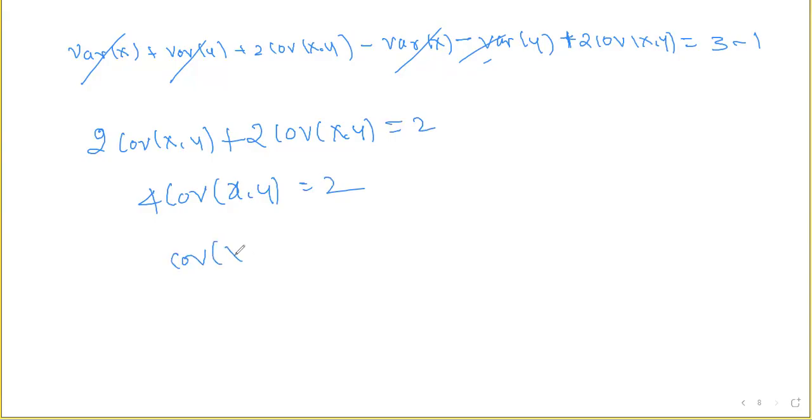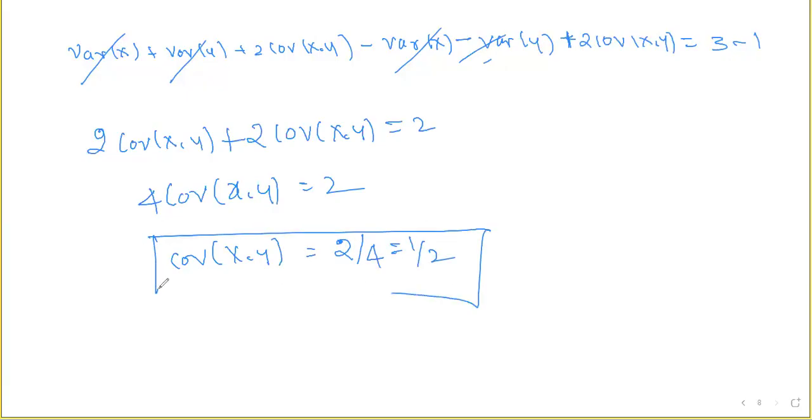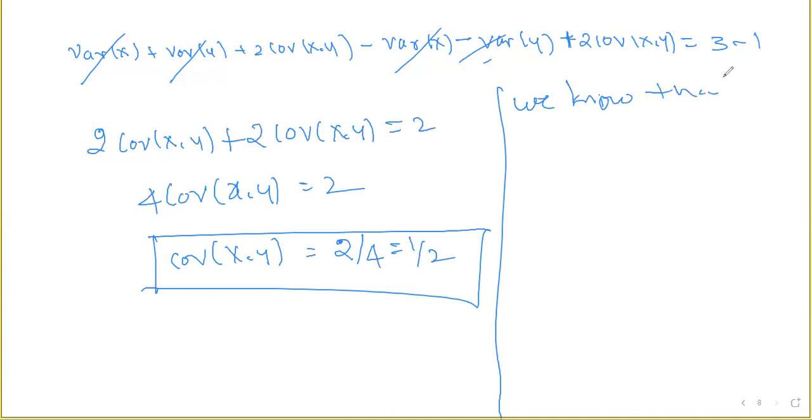So covariance of x comma y equals 2 divided by 4, that is equal to 1 by 2. So here we obtained the covariance, right? And we know the covariance formula: expected value of xy minus expected value of x into expected value of y equals covariance of x comma y.